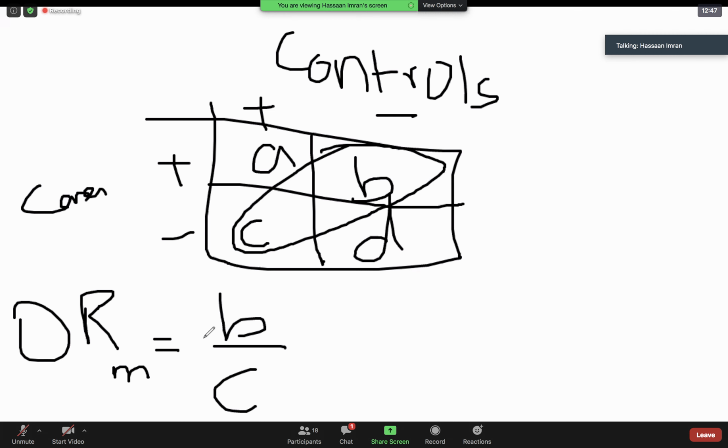B over C is the formula that is going to give us the answer as far as the exposure status, or as far as our hypothesis being a researcher is concerned, because we are expecting that probably cases are more exposed as compared to controls. So till the time we have not matched our cases and controls, these two discordant cells B and C are going to provide you that information. Okay?